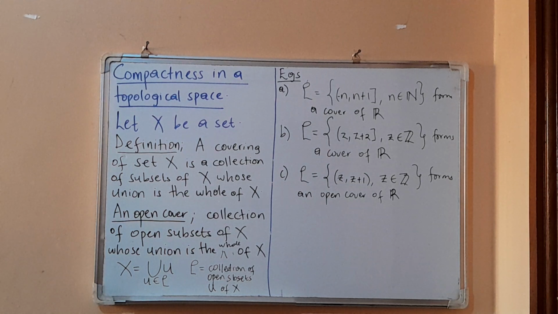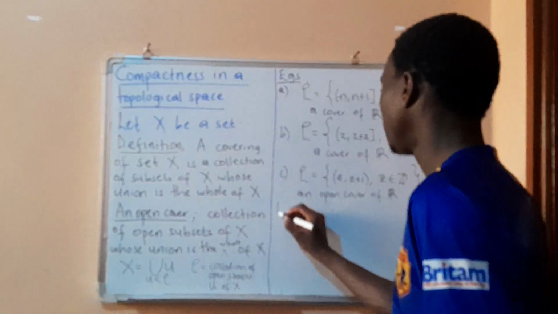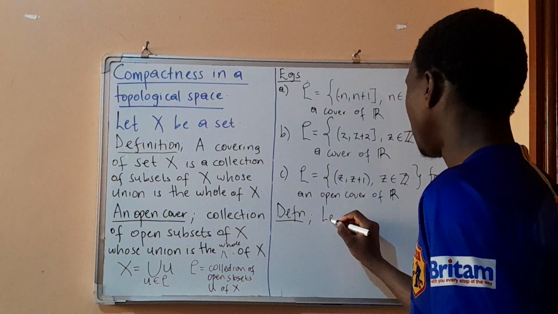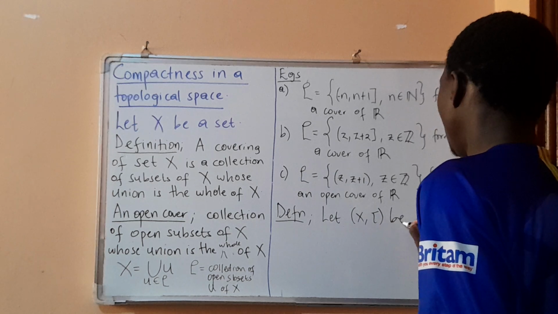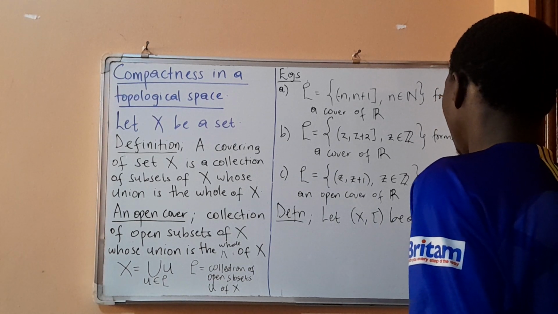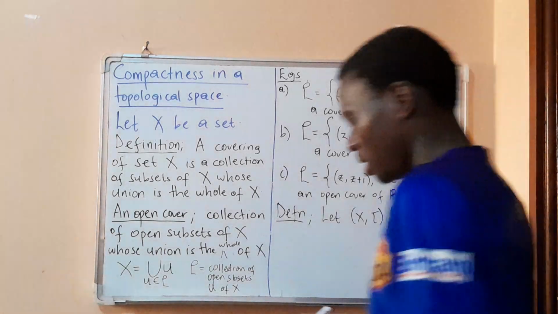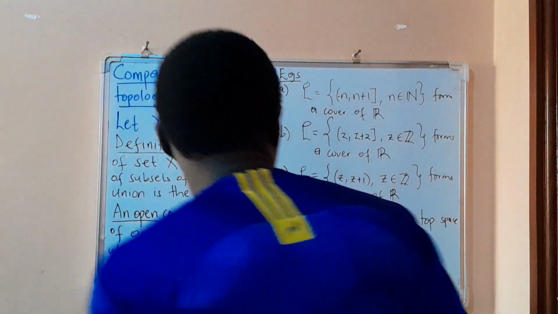Now we can define compactness of a topological space. Definition: let (X, tau) be a topological space.